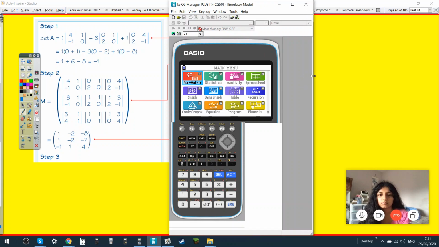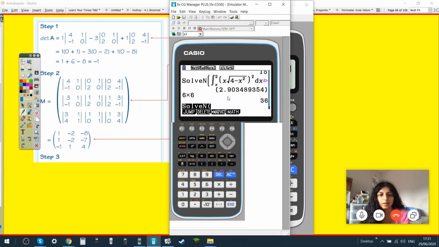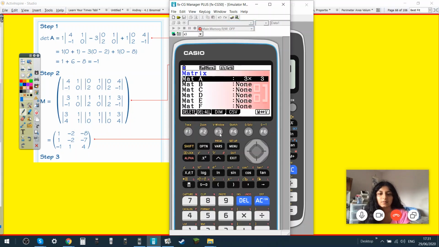Which one is matrix on graphical? Oh, you press up. Yeah, just do run matrix, I think. I'm just using that one. No, it's run matrix. Yeah, and then that button that says MAT is matrix. So matrix. That's how you can add them.